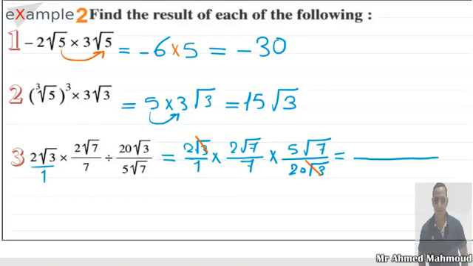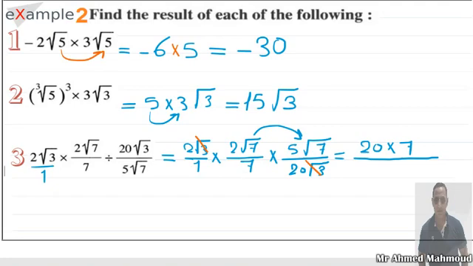I have here 2 times 2 times 5, 2 times 2 times 5 root 7. It will be 20 square root 7. 2 times 2 times 5 equals 20, and root 7 times root 7 equals 7. It will be 20 times 7. Down we have 1 times 7 times 20.